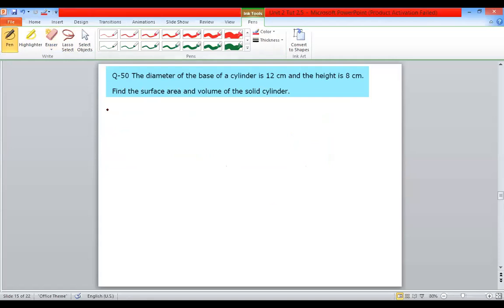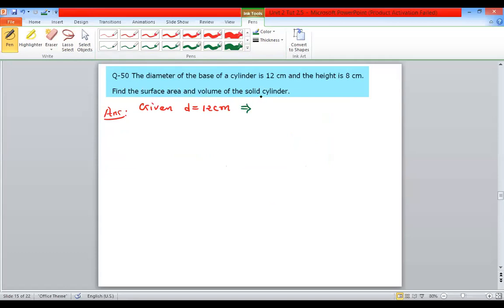So we have given that the diameter is 12 centimeter, and we know the relation between them. I just need the radius to find the surface area and volume of the cylinder.